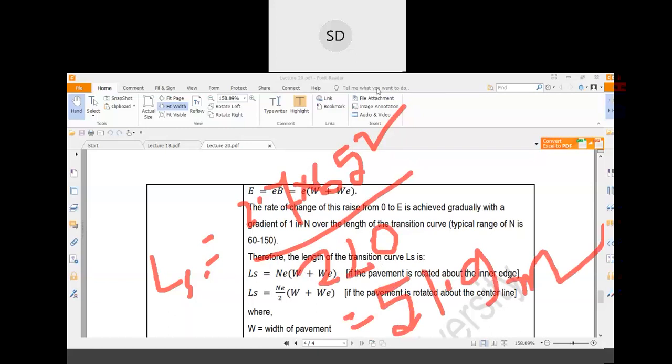So as per the definition, your length of the transition curve would be the maximum one, and the maximum one is this one. So your length of the transition curve is 51.9 meter or 52 meter.